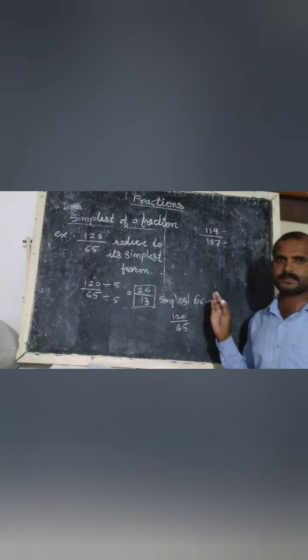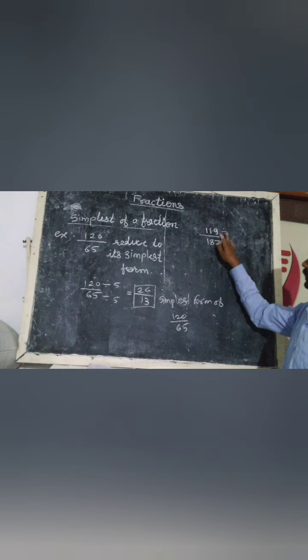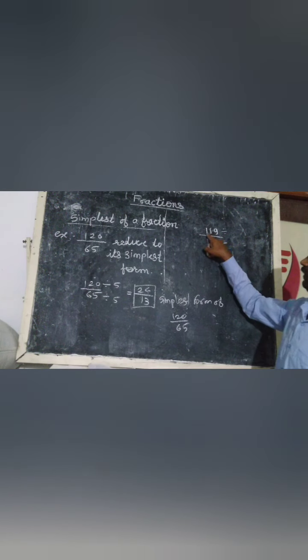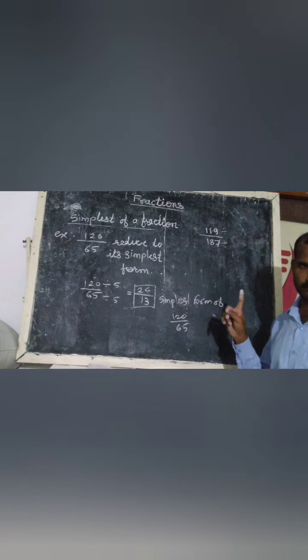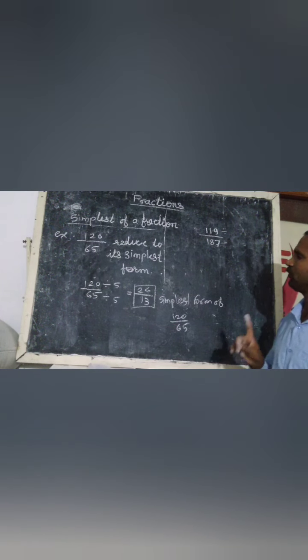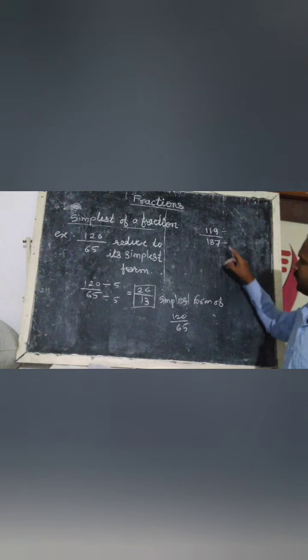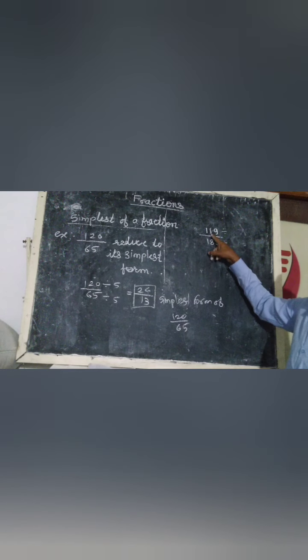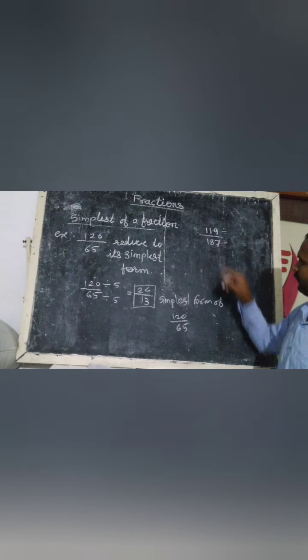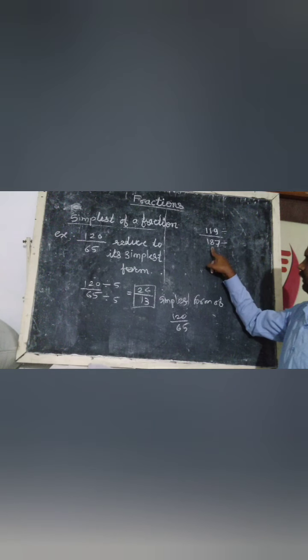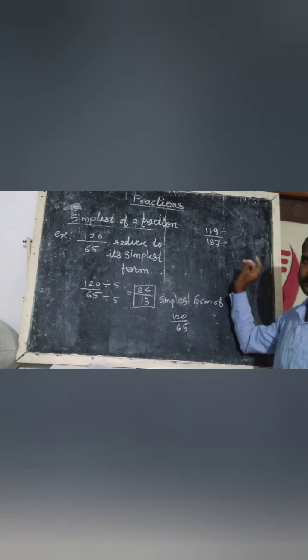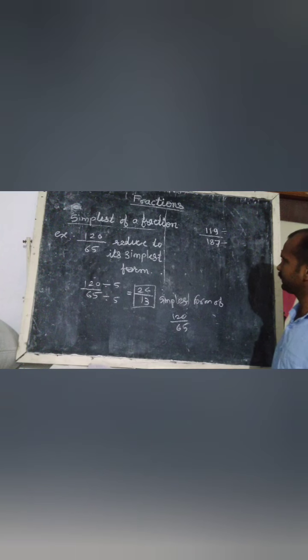Now you have to check the divisibility tests of these two. 9 plus 1, 10 plus 1, 11. It is not divisible by 2, not by 4, not by 8, not by 5, not by 10. Check by 7. 7 ones are 7, remainder is 4, so it is divisible by 7. Yes. Check for this: 7 twos are 14, remainder is 4, but 187 is not divisible by 7.